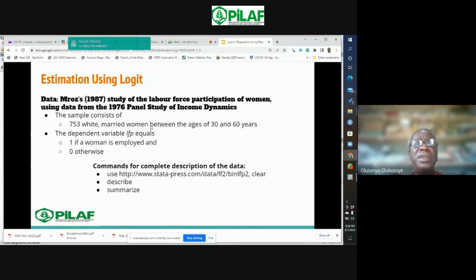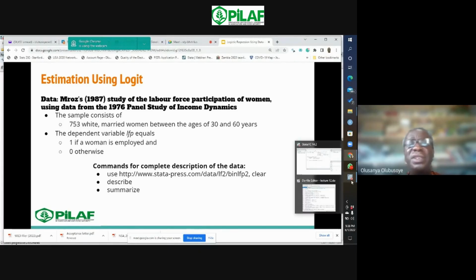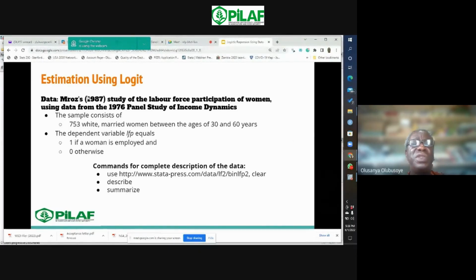Before we go to the STATA environment, we are going to use a special data set. The data set is taken from Mroz's 1987 study of the labor force participation of women, and the data were drawn from the 1976 Panel Study of Income Dynamics.